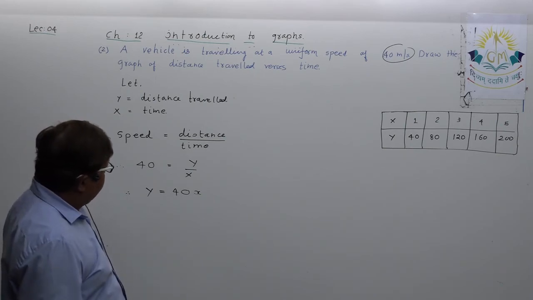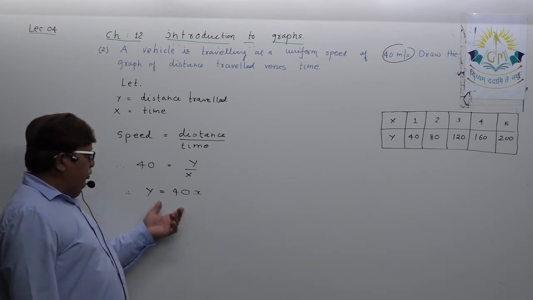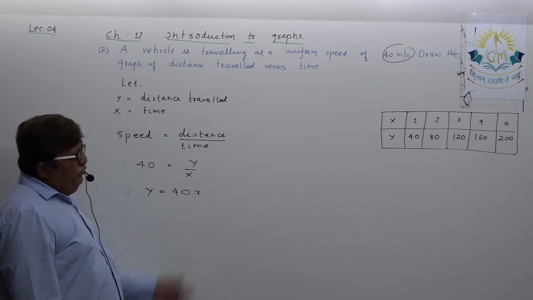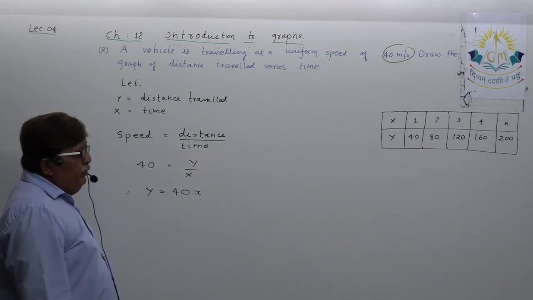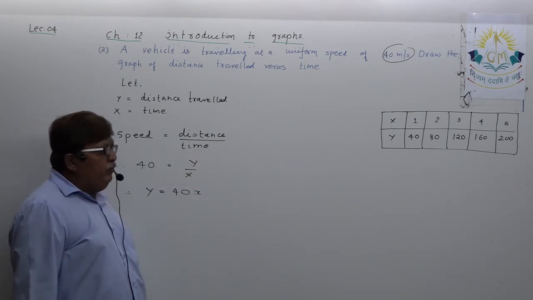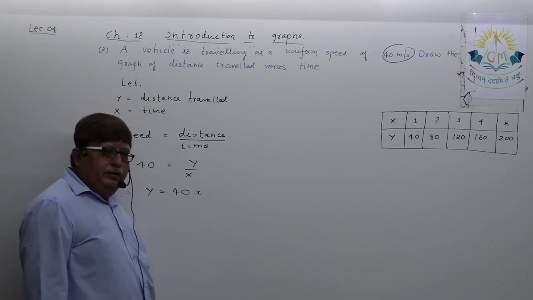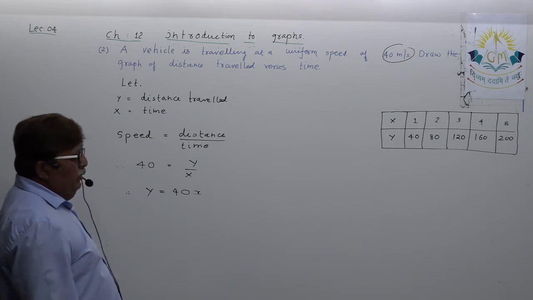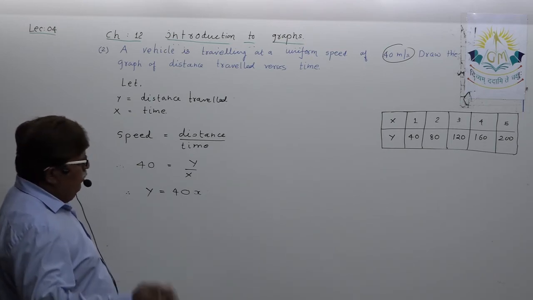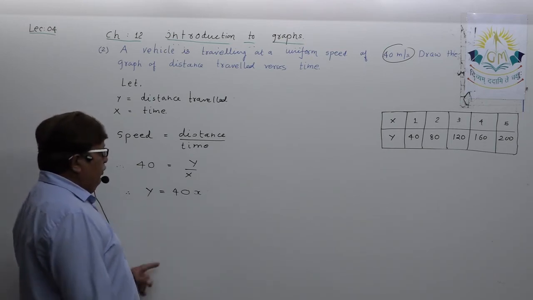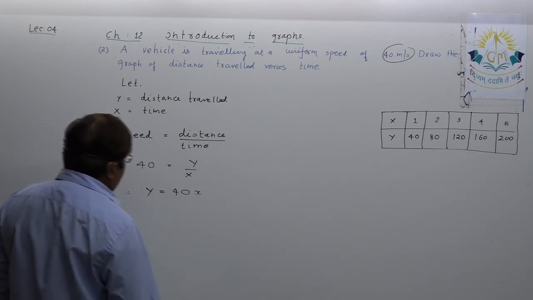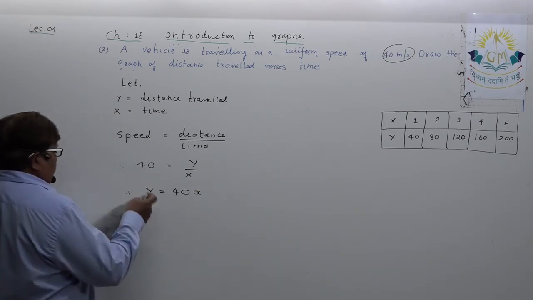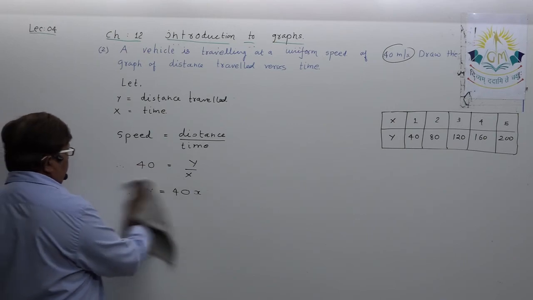And after you make the basic equation, it's very simple to take reference values of x and y together. Okay? Now let us go for the graph. But before the graph, I need to erase this data.